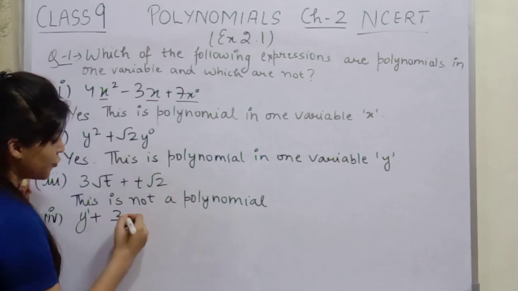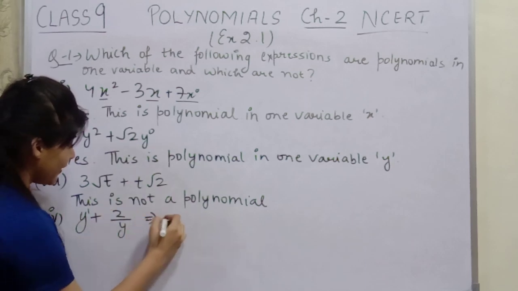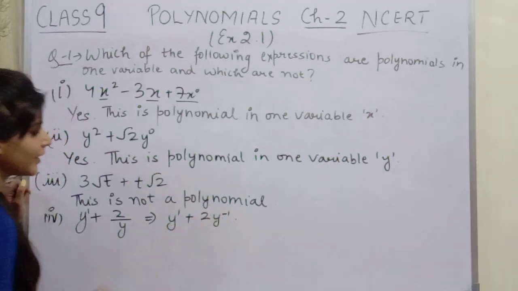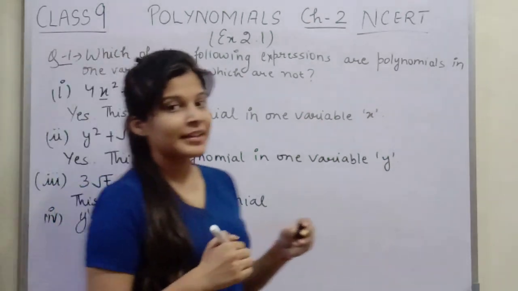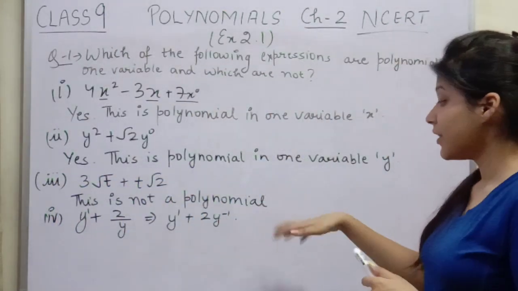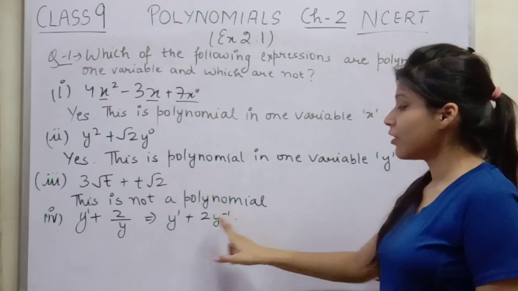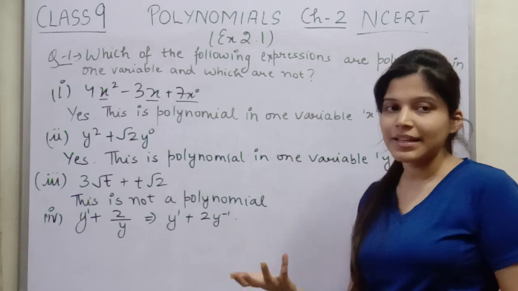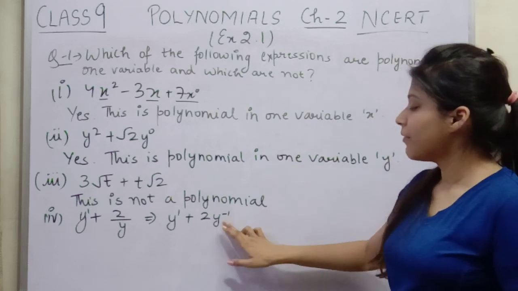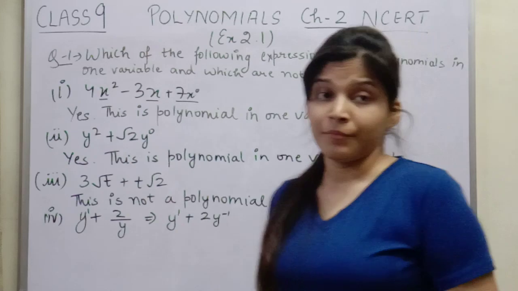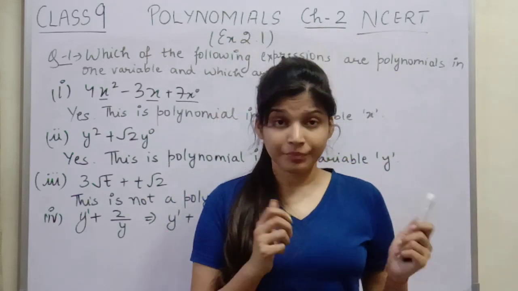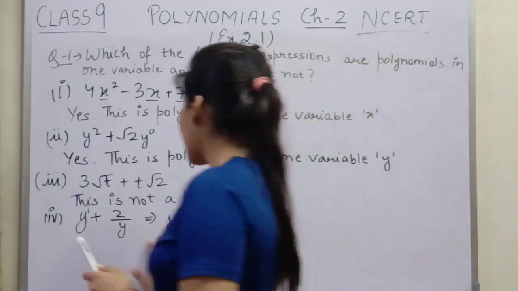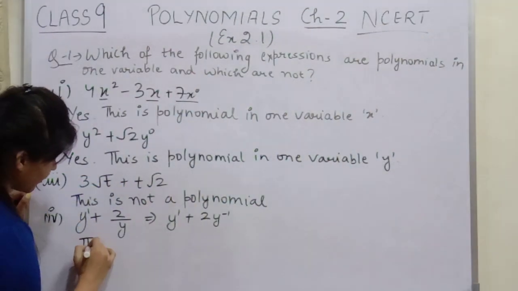But if we write 2 upon y again, what will we write? y raised to the power 1 plus 2 into y raised to the power minus 1. Because the y that is in the denominator, if we transfer it to the numerator, the power becomes -1. Whenever we take a reciprocal, a minus sign comes in the power. So this will be y raised to the power -1. And in polynomials, the power of the variable cannot be negative. So again we can say this is not a polynomial.